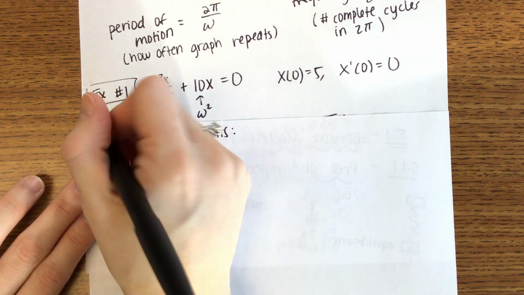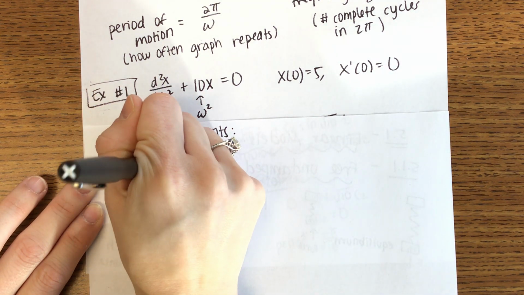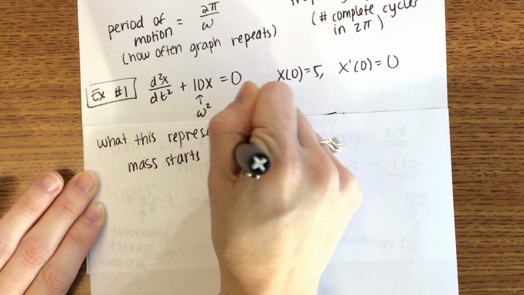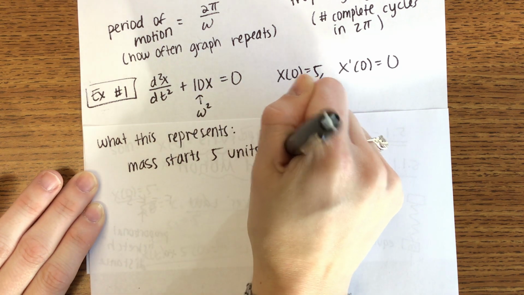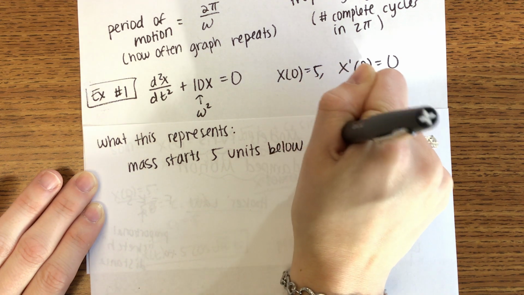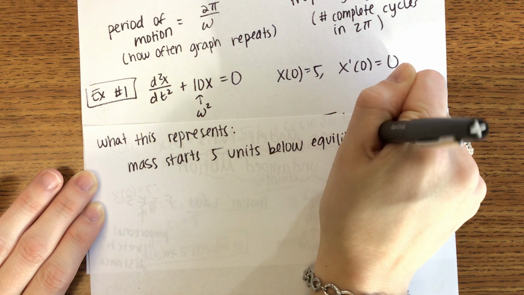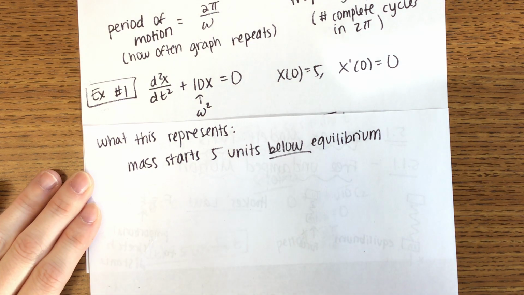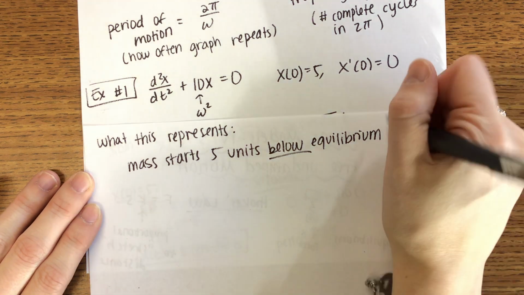Down. Okay. So the mass starts 5 units below equilibrium. Please make sure you somehow get that below part. So it's stretched down somehow. You tell me that it's below.